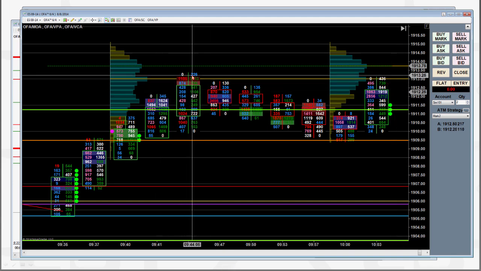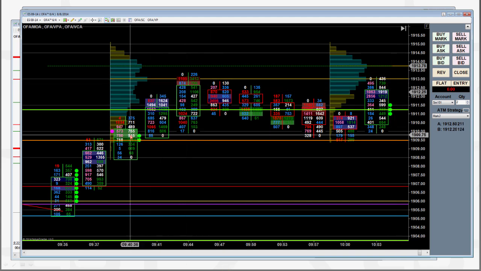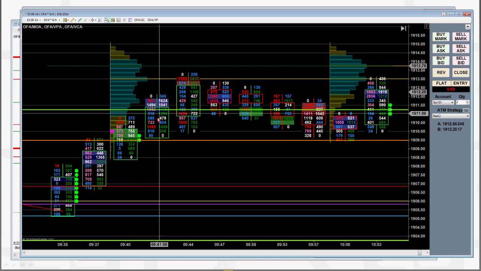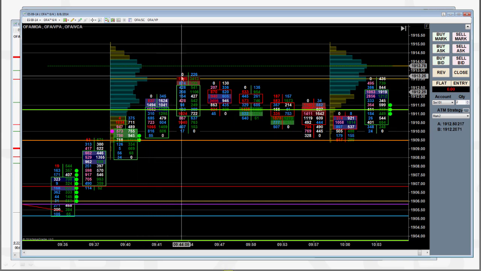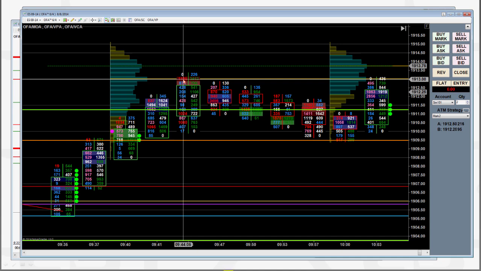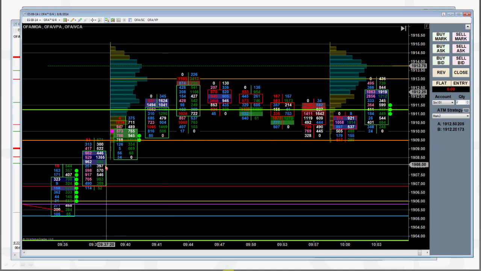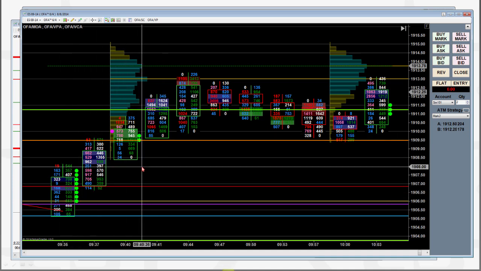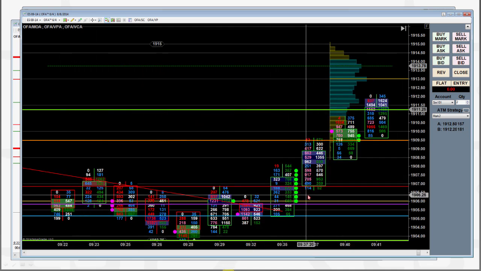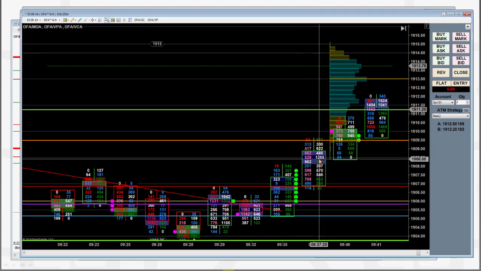So as price was coming up here and buyers were having a good time, having good progress, this selling right here made a lot of sense to me. Buyers become sellers. And as price started crossing over the previous high, new buying like this is initiative buying.